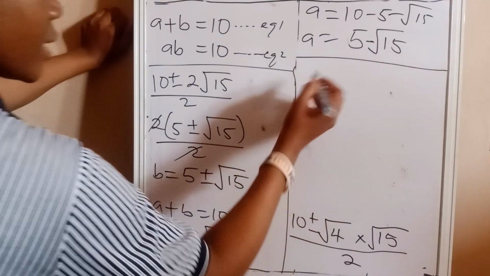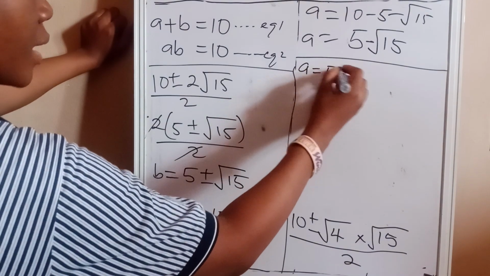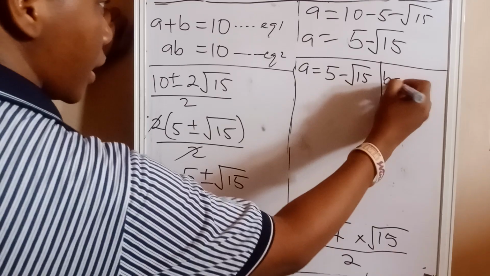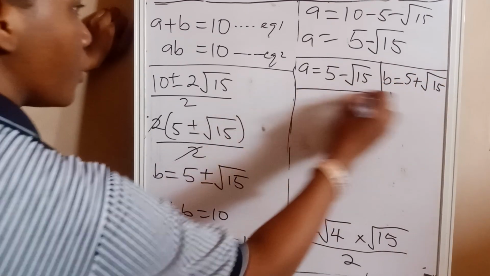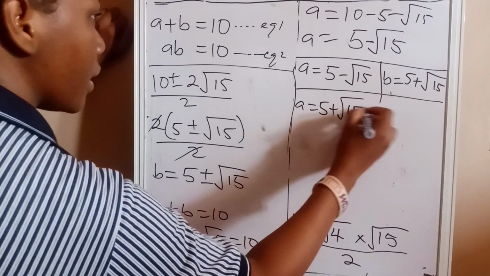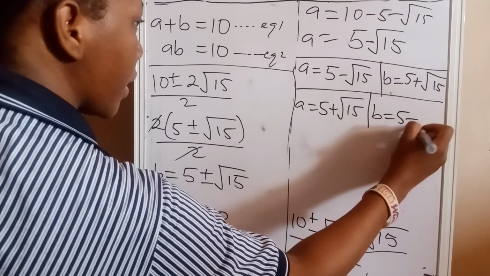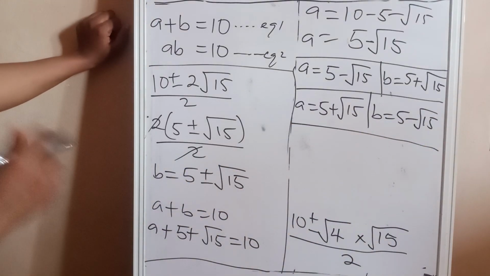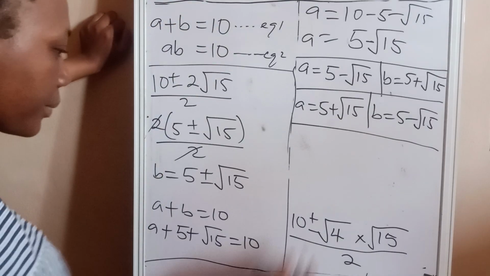So it means, instead of wasting our time, when a is 5 minus root 15, b is 5 plus root 15. And when a is 5 plus root 15, b is 5 minus root 15. So these are the values we have. Now we want to put them back in the equations to check.